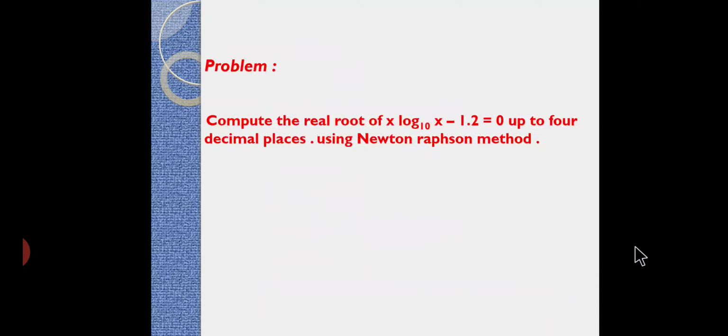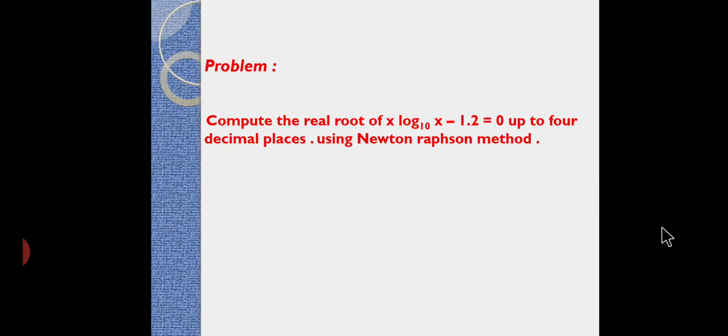So coming to the next problem. Compute the real root of x log x base 10 minus 1.2 is equal to 0 up to 4 decimal places using the Newton-Raphson method.